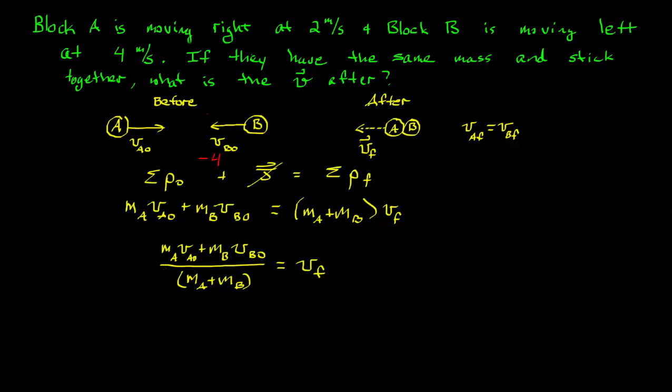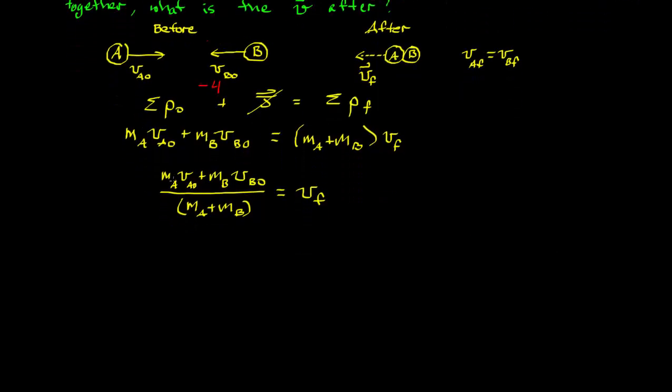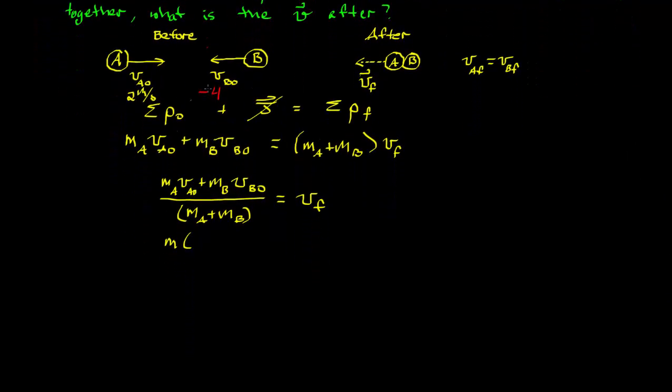So I'm going to go ahead and plug in some numbers to see. Mass A and B are the same, so we can factor that out. So I get mass times VA naught, which I think was 2 meters per second. Let me double check that. Yeah, 2. And then the other one is -4 meters per second.